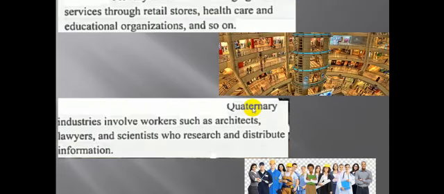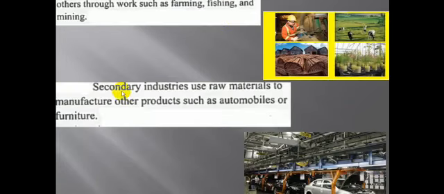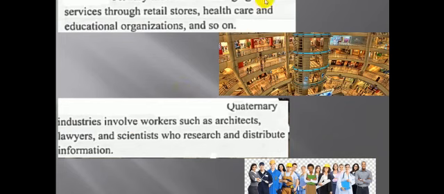Tertiary industry. What is the tertiary industry? It exchanges what was made in secondary industry, goods and services, through retail stores, healthcare, and educational organizations, and so on. So in tertiary industries we can find goods and services, not only goods, because healthcare is a service.